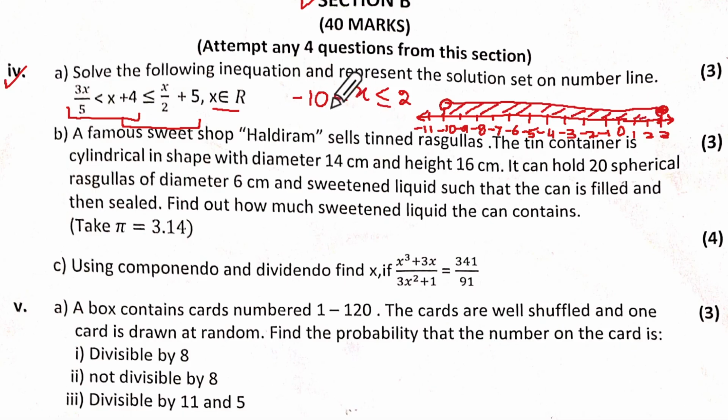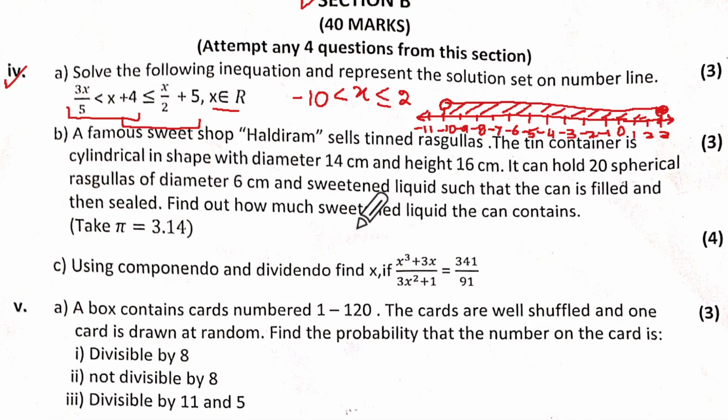Now even if you solve it correctly and you write like this, you will get 1 mark minus. Tell me why 1 mark will be minus. Miss, because you didn't write the solution set. What is that called?